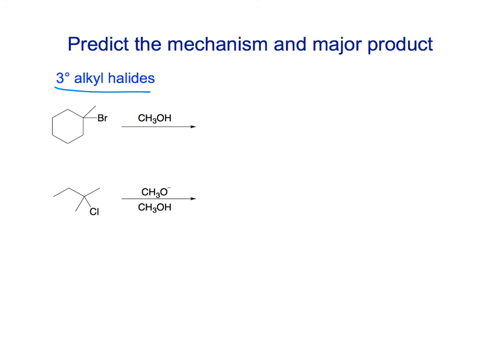Here are some examples of tertiary alkyl halides. Here we use a weak nucleophile, weak base, and so this gives us a mixture of SN1 plus E1. We have a tertiary alkyl halide, so that can readily form a carbocation intermediate.